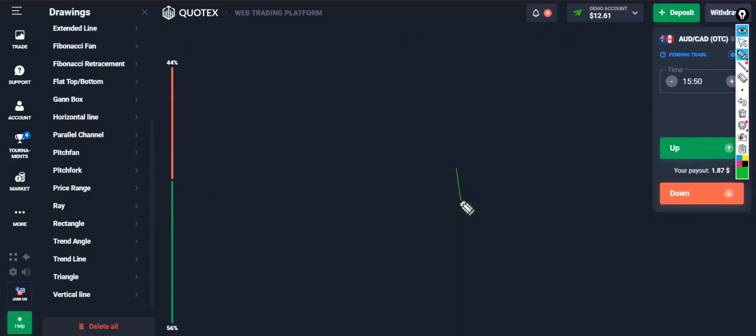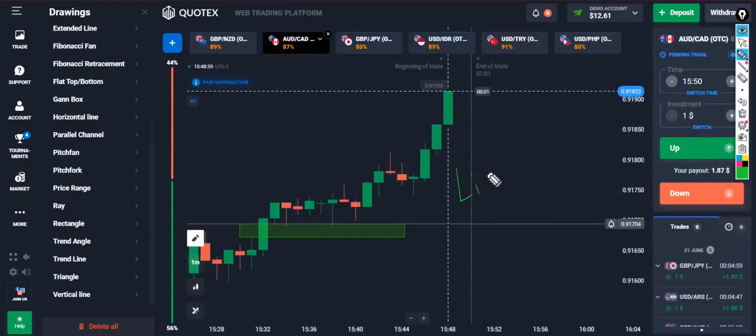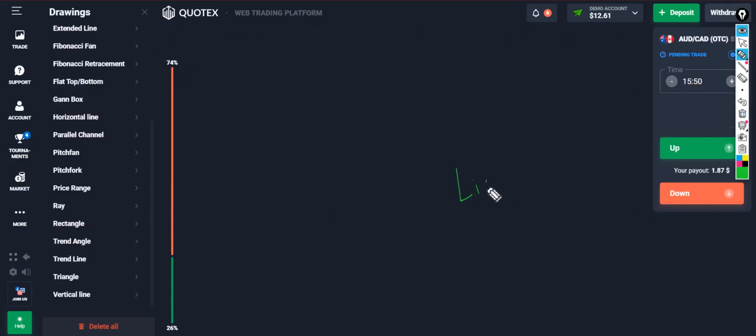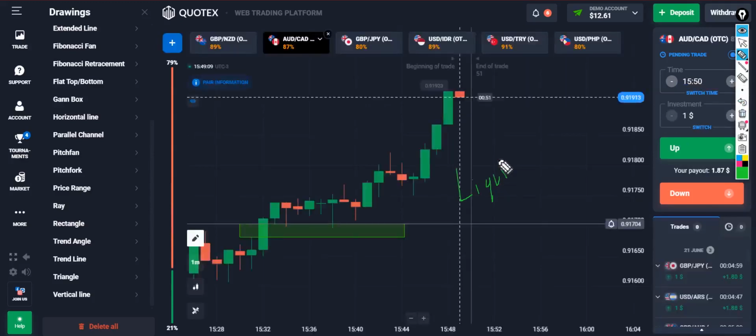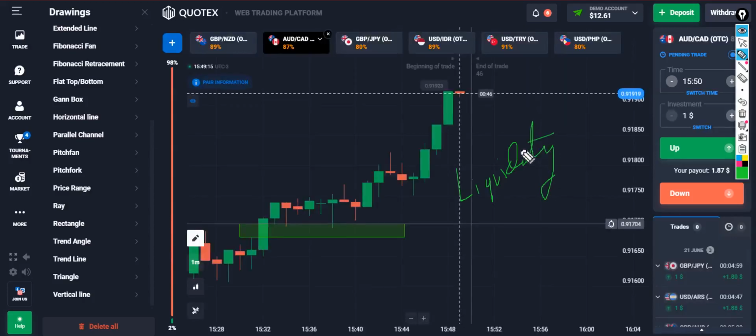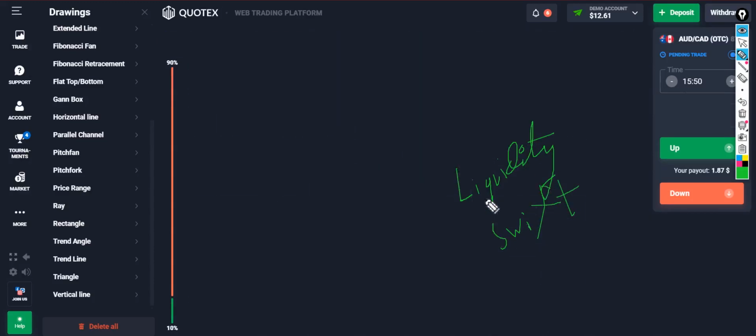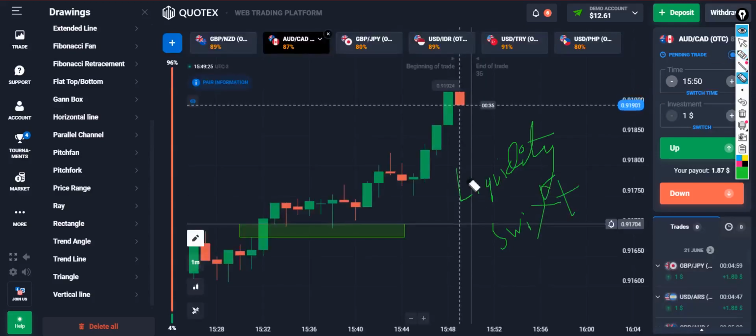First of all, the most important thing is liquidity swift, right? Sorry, my bad. One is liquidity. Sorry about the handwriting. So you need to know what liquidity swift is and how liquidity swift works. It is very important.